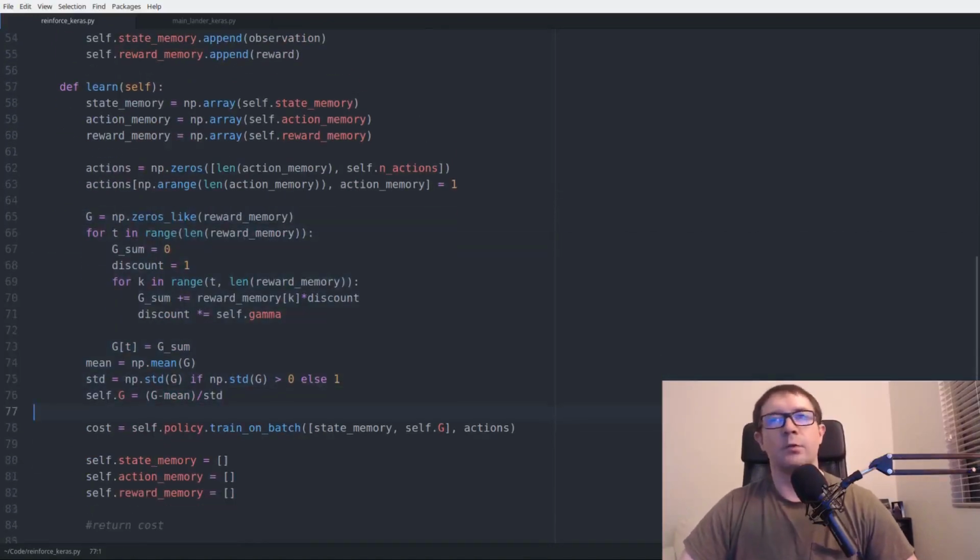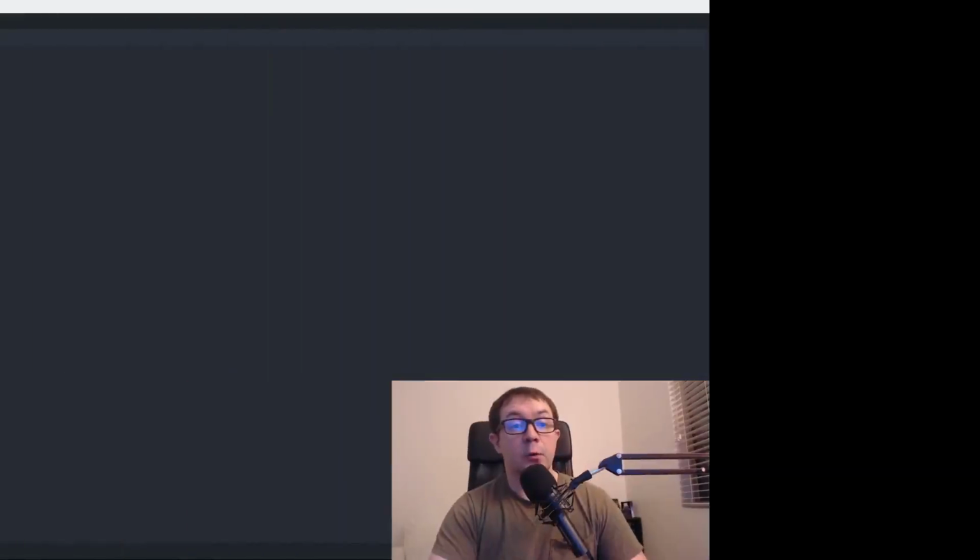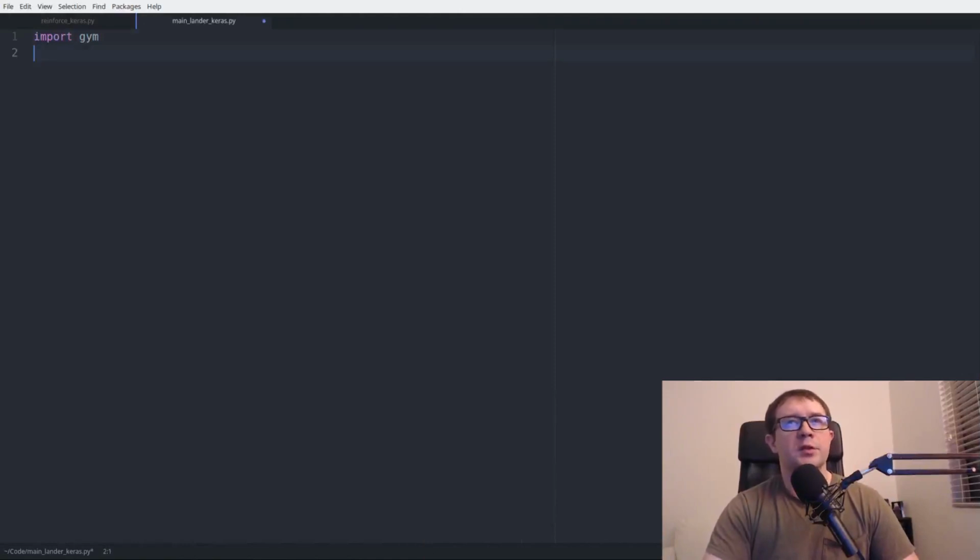Let's head over to the main program and start writing up some code to test this out and see how it does. So we start with our imports. We'll need gym. We'll need matplotlib.pyplot as plt. We will need numpy as np to take a look at the average rewards. We will need from reinforce Keras import Agent, and from utils import plot learning.